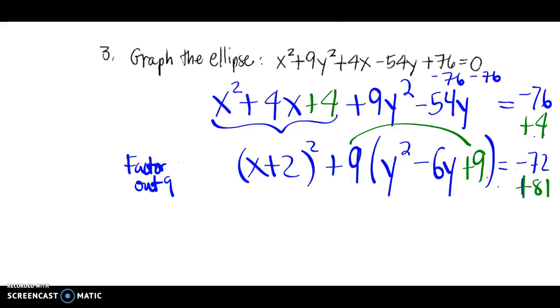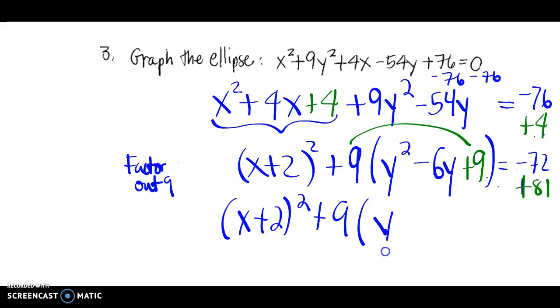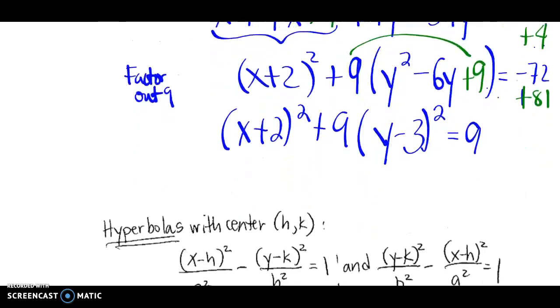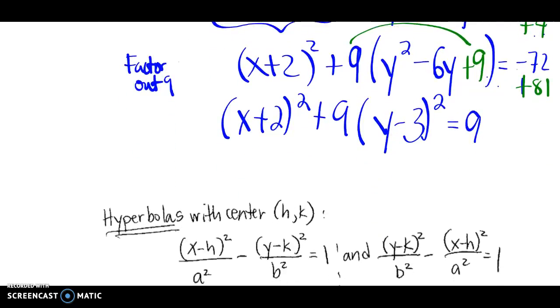Okay? So this is going to stay as it is. What does this factor into? Y minus 3. Yep. Very good. Equals... we're not done because it's not in standard form because I have a 9 here and I need it to be a 1.